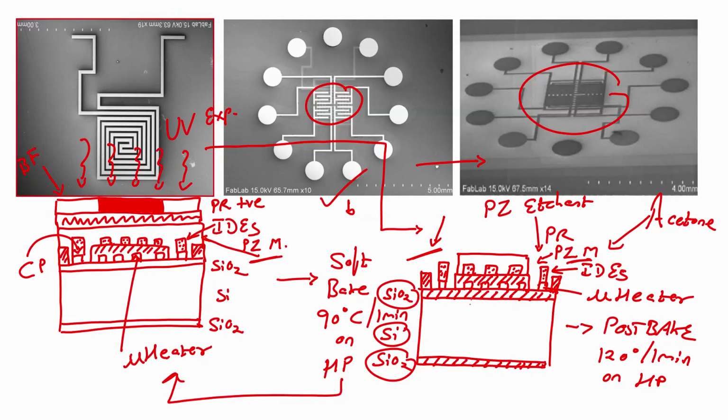So, if you see the entire structure: silicon oxide, so we can say oxidized silicon, on that there is a micro heater on which there is an insulator, the contact pads of the micro heater are opened, on which there are interdigitated electrodes, on which there is a piezoresistive material. Easy.